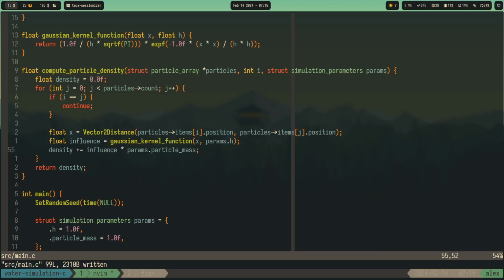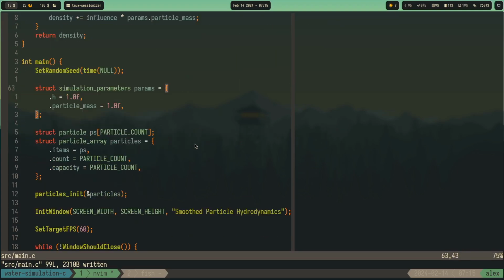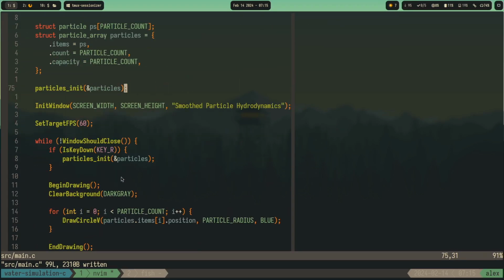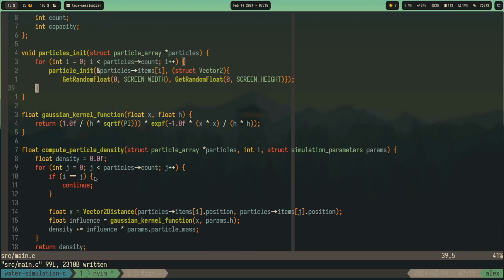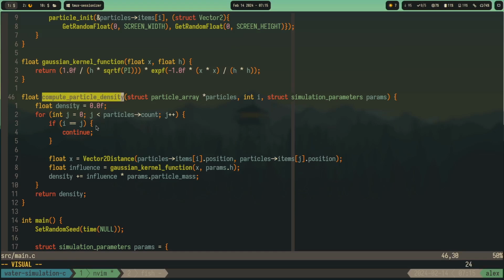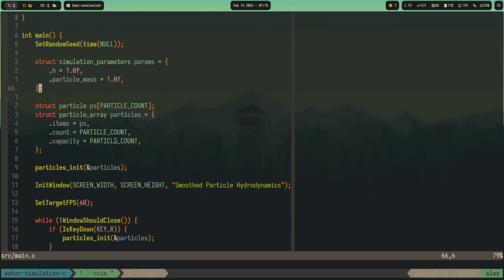So yeah, now let's add this thing to the update and call it to this thing.